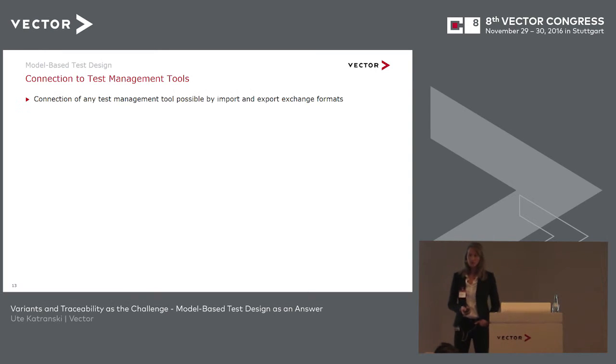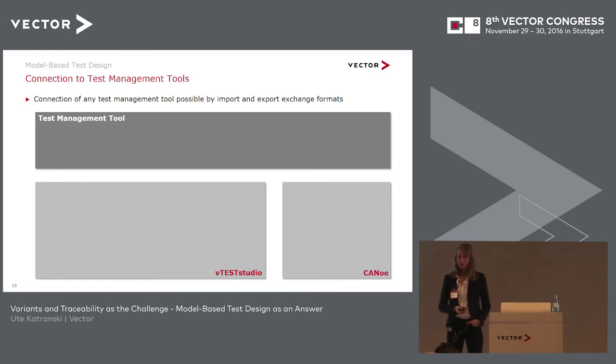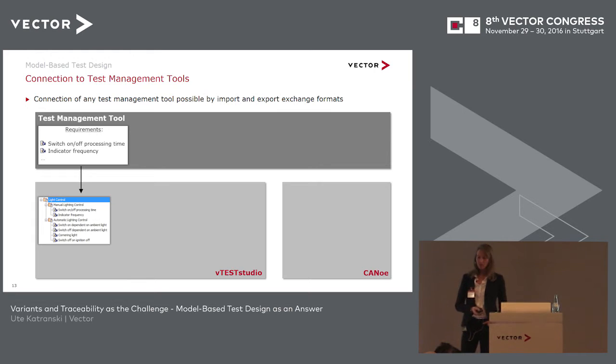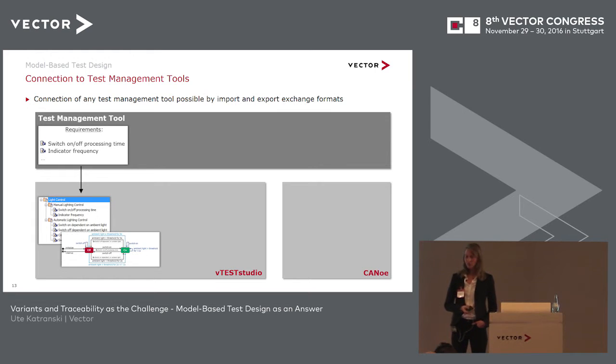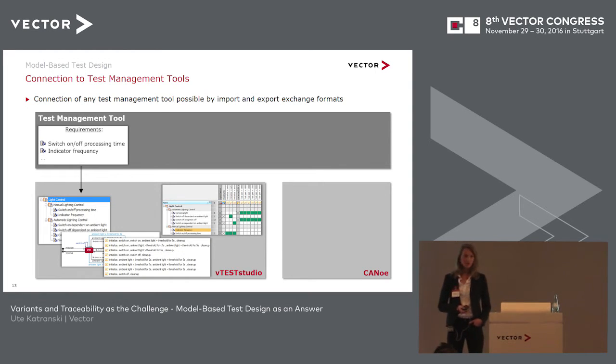The only question that is left is how we connect this to test management tools. We do this via exchange formats. We define our requirements in the test management tool, implement them in VT Studio, and link them to our model-based test design. Then we get the generated test cases, which are linked to the requirements.